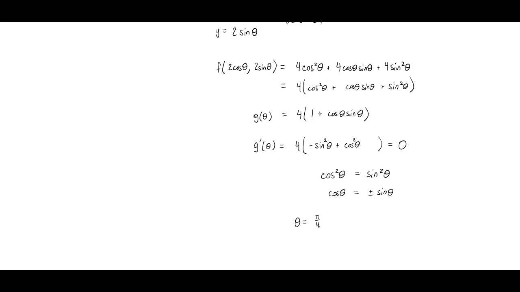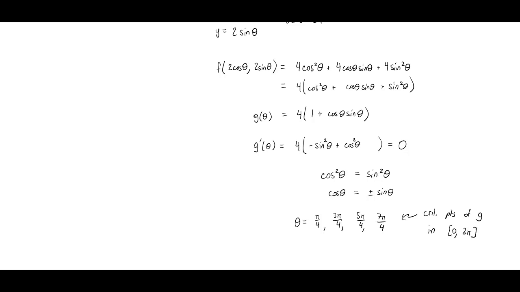And so when cosine is plus or minus sine, that's at all the pi over 4 angles: pi over 4, 3 pi over 4, 5 pi over 4, and 7 pi over 4. Okay? So these were all the critical points of my function g in the interval 0 to 2 pi.